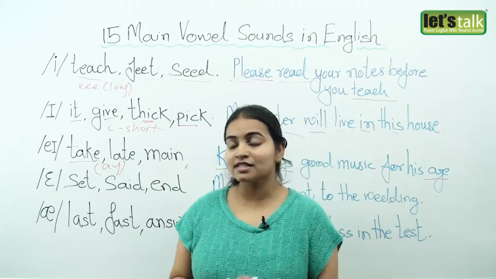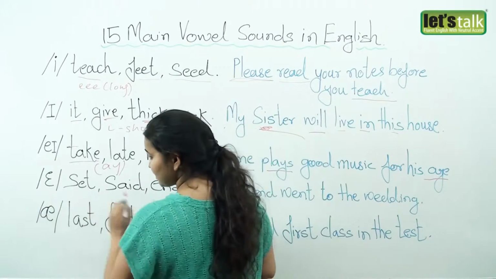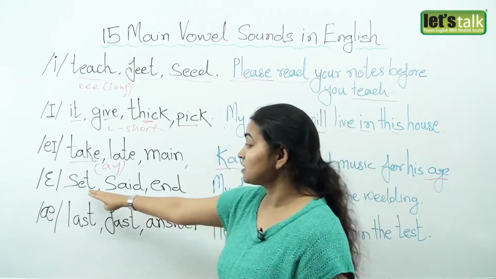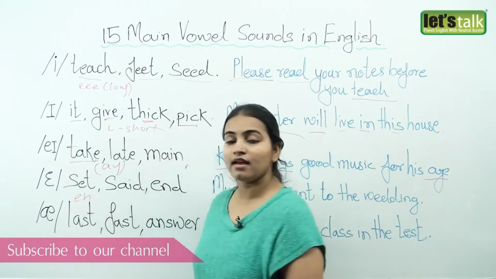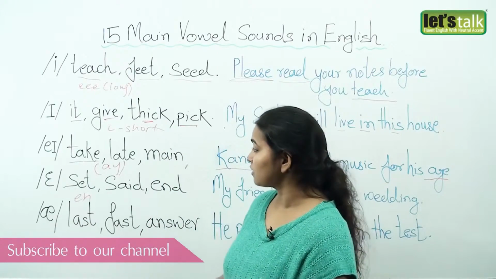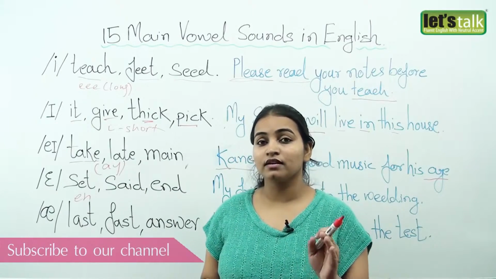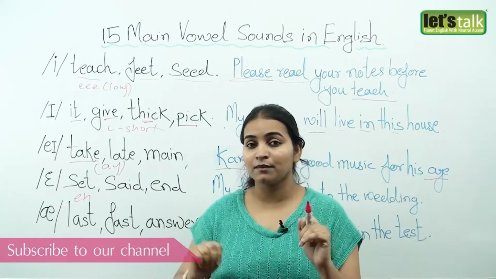Moving on to the next vowel sound, which looks like this. The symbol looks like this. But the pronunciation is an eh sound, okay? So this is an eh sound and this is an eh sound. Can we do that?